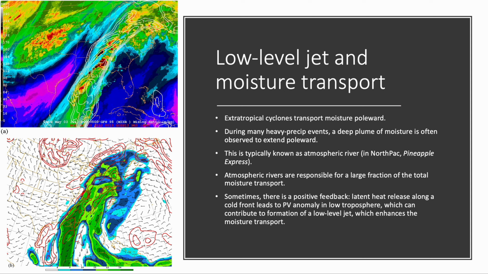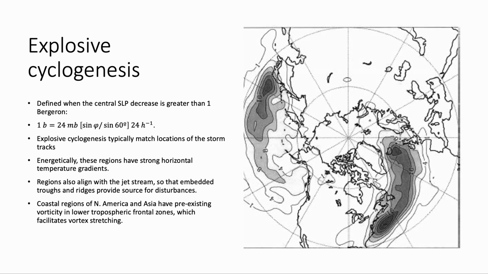We have 850 hectopascals wind barbs, and the contours are 900 to 700 layer PV. So this is another example, you can see this plume of water vapor that is just coming out of the tropics here in the Caribbean, going all the way up to the American continent.